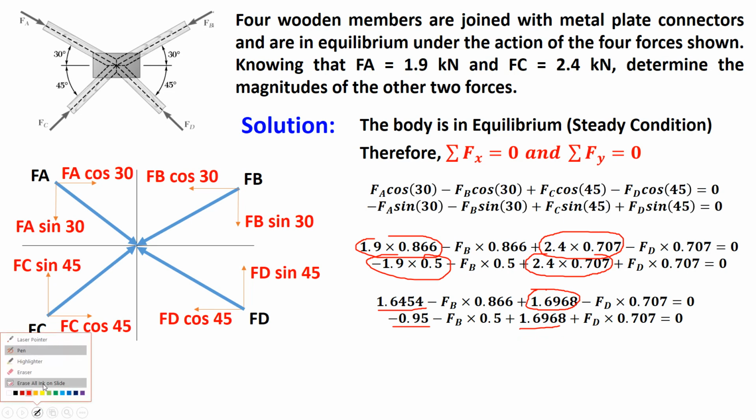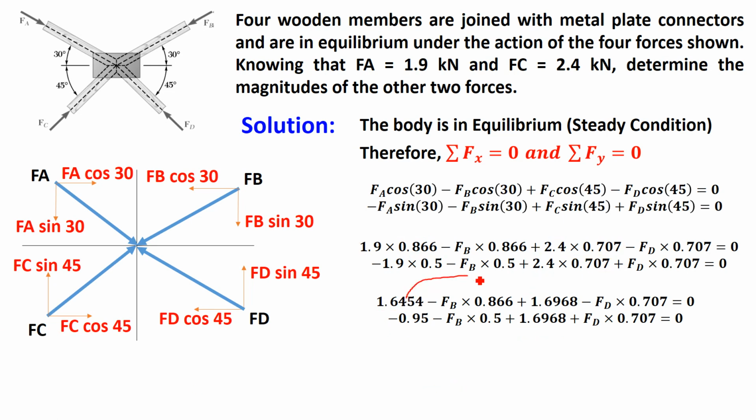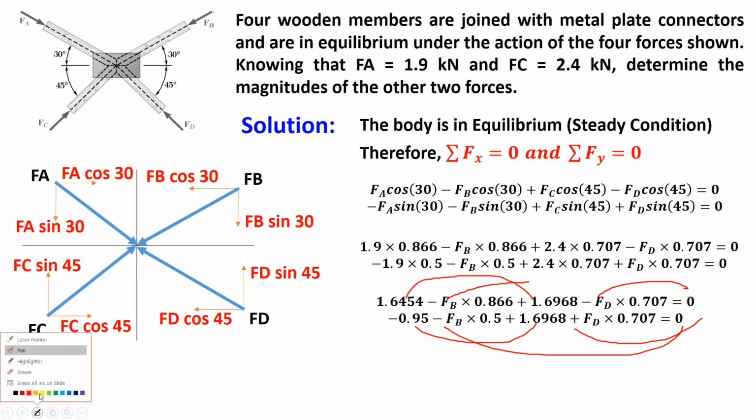Next step, if you take the summation of the two known values and take the Fb and Fd terms to the right hand side, they change sign. Fb becomes plus in the first equation and Fd is also plus. Similarly in the second equation, when Fb goes to the right hand side it is plus and the Fd term will be minus. If you add the two known values, it gives you the right hand side constant.